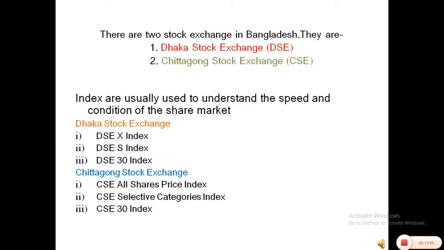Dhaka Stock Exchange, DSE. DSE is the first and largest secondary stock market in Bangladesh. It was incorporated as East Pakistan Stock Exchange Association Limited on April 28, 1954 under the Company Act 1913. The formal trading started in 1956.